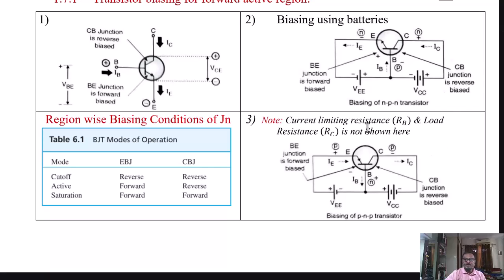Again, note that the current limiting resistance RB and the load resistance RC, which are not shown in the diagram, are always required. RB establishes the base current or emitter current in the input side circuit, that is the base to emitter circuit, and RC is required to limit the collector current in the collector to base circuit.